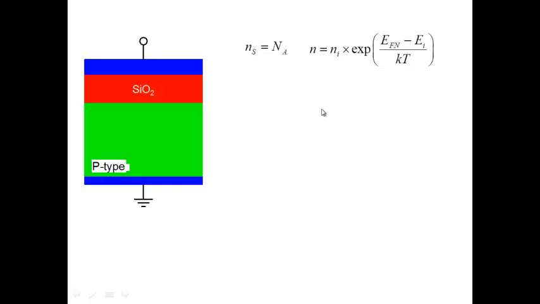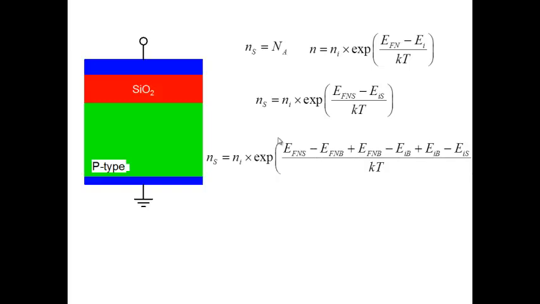Na is known. So I write Ns equal to Ni exponent (EFN,S minus Ei,S) by kT. S denotes surface: the quasi-Fermi level at the surface minus the intrinsic level at the surface, by kT. That's the condition. Ns is equal to this much here.